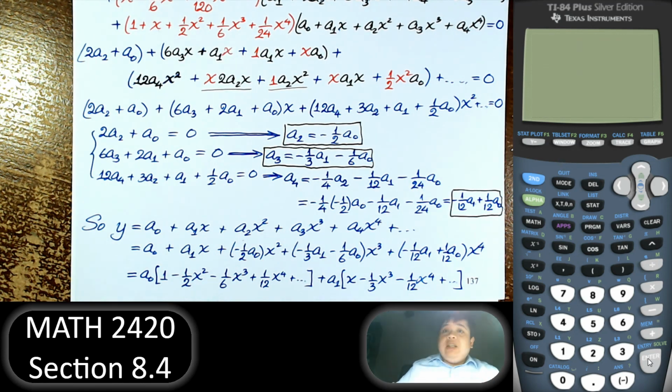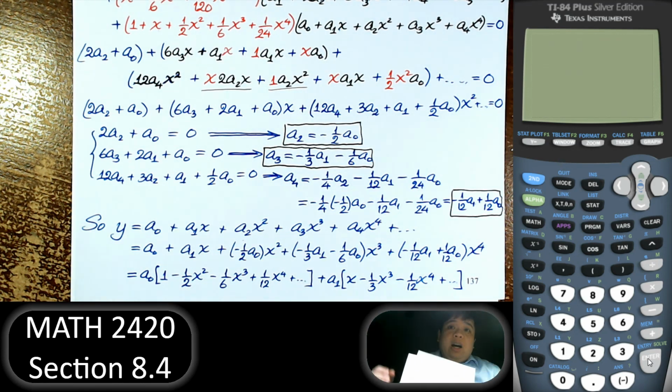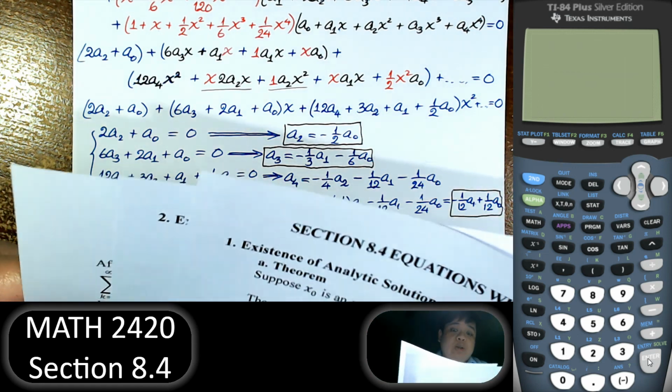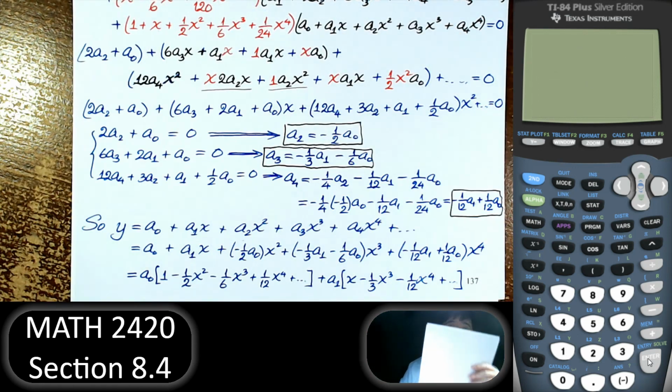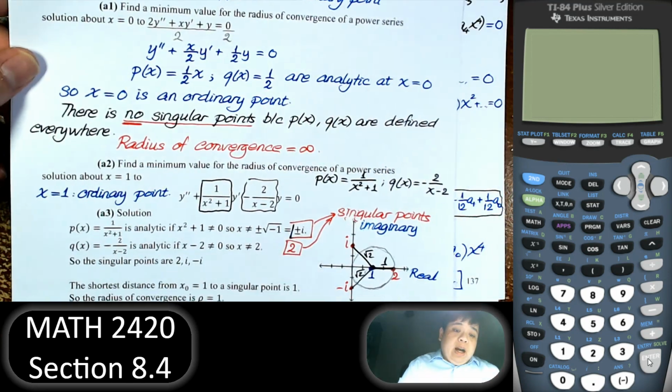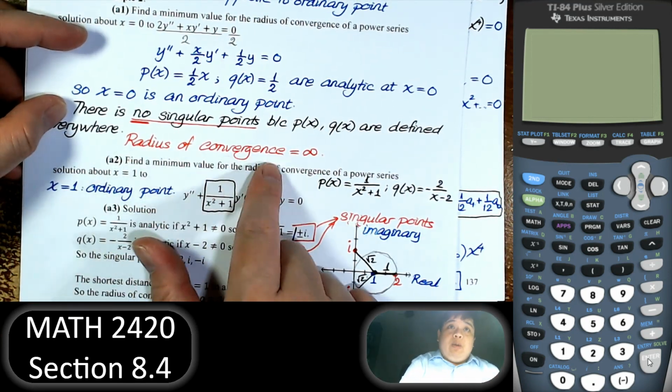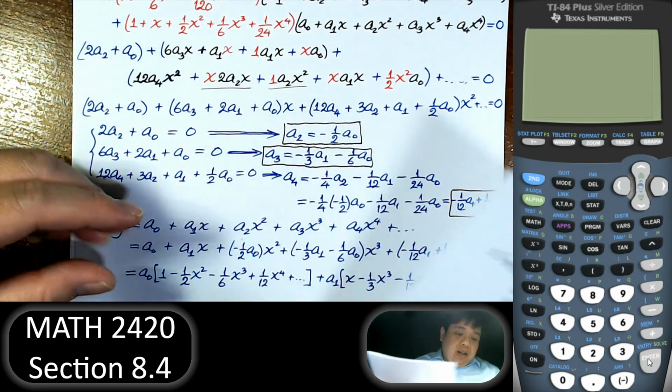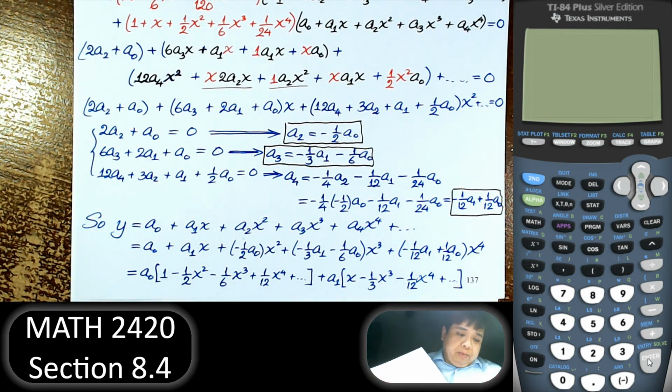And not only that, in this section we learned that when we have an ordinary point, we can write a power series solution, and we can also find the radius of convergence for that power series solution. That's what we do in this section.